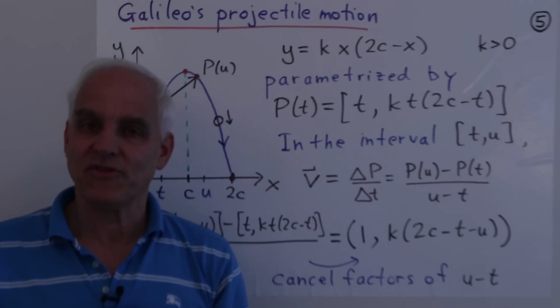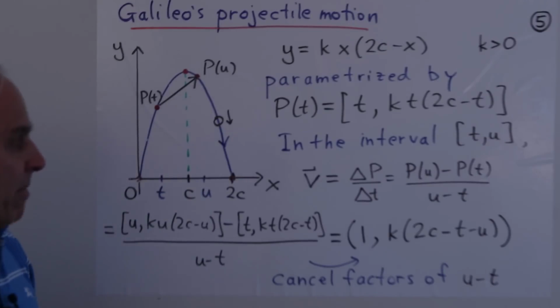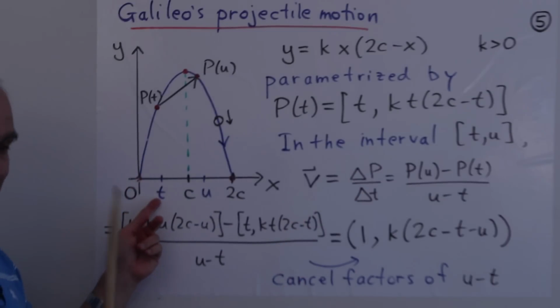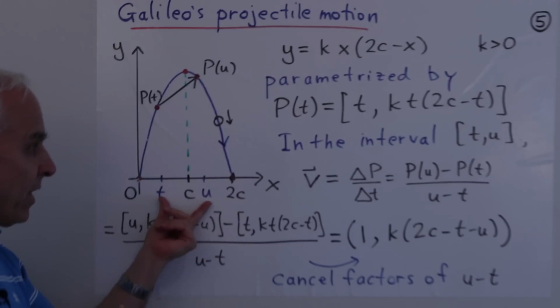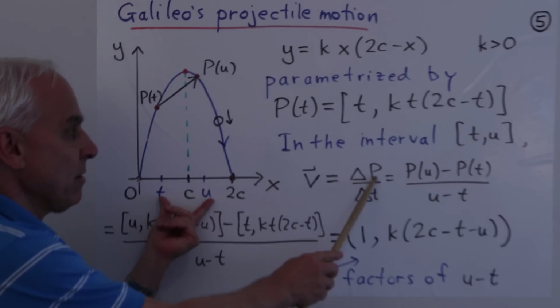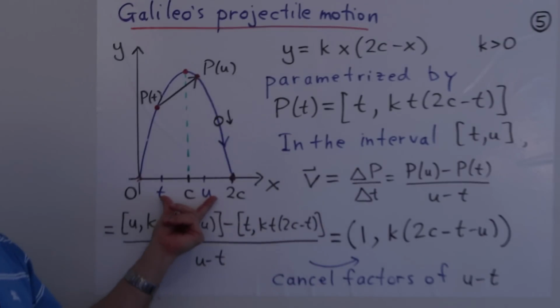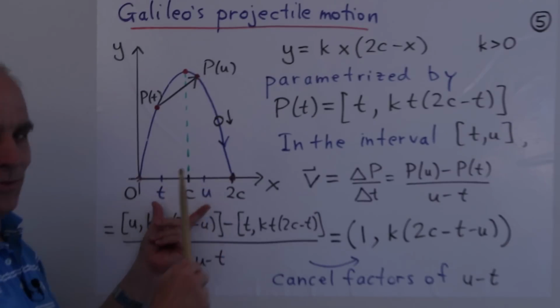All right, so we're in a position now to analyze velocities here. And I remind you that in an interval between a value of t, say t, and another value u, the formula for the velocity is the change in p over the change in t. So we're going from t equals t to t equals u.